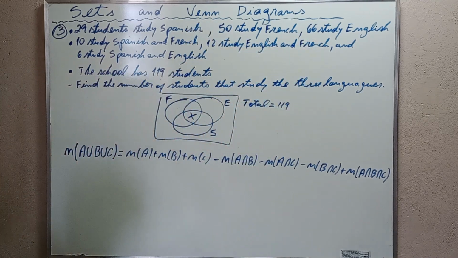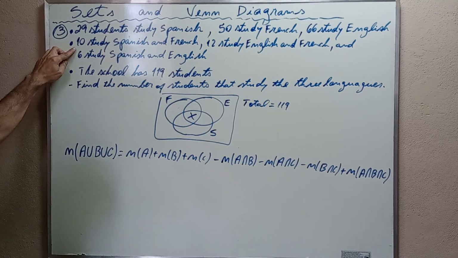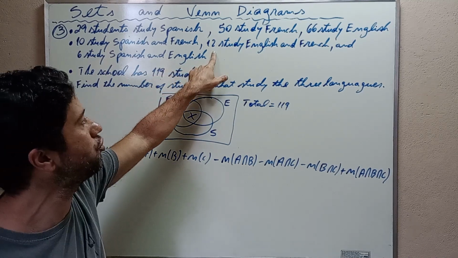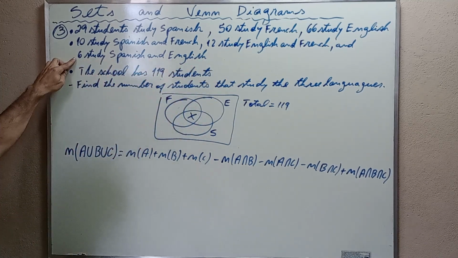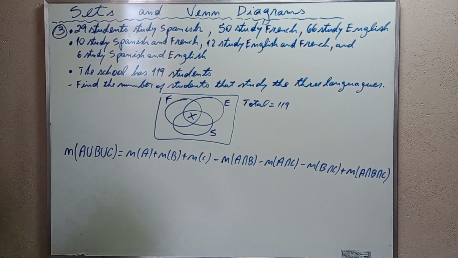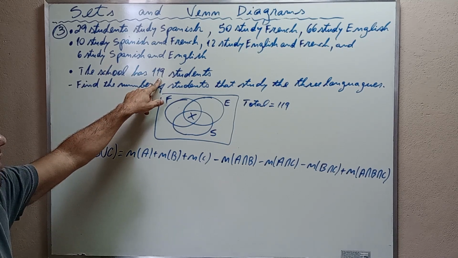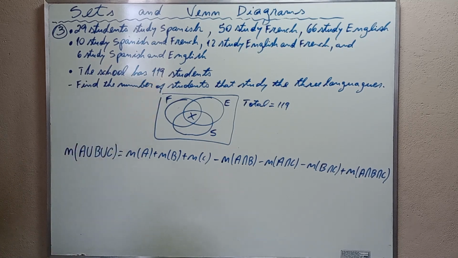It is also known that 10 students study Spanish and French, 12 students study English and French, and 6 students study Spanish and English. And knowing that the school has 119 students, what is the number of students that study the 3 languages?